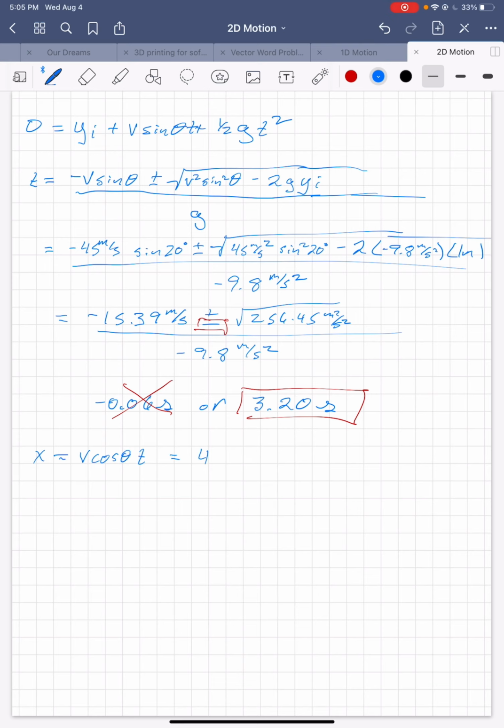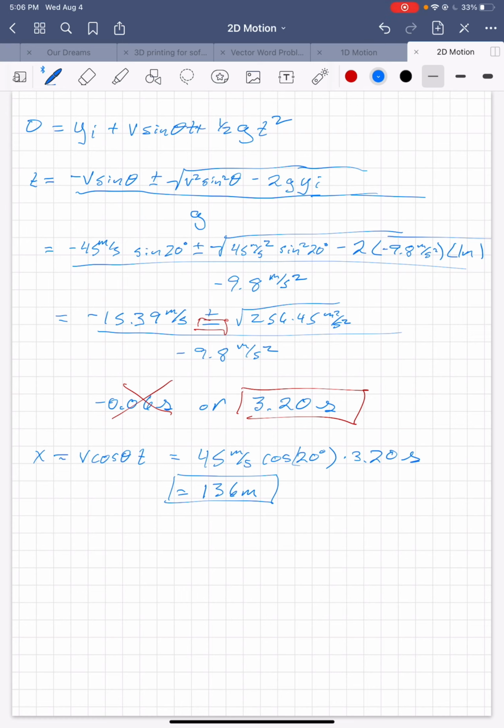So that's 45 meters per second cosine 20 degrees times my answer here, 3.20 seconds. And that gives me an answer of 136 meters, 135.5. So now I've found the range.